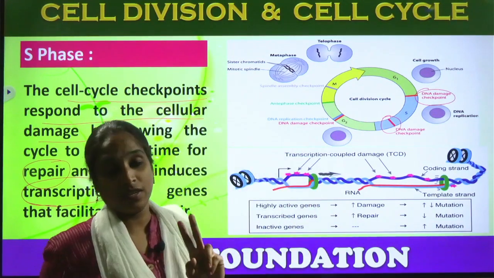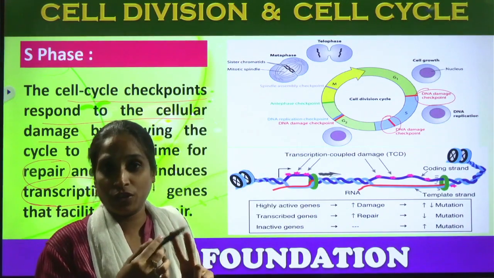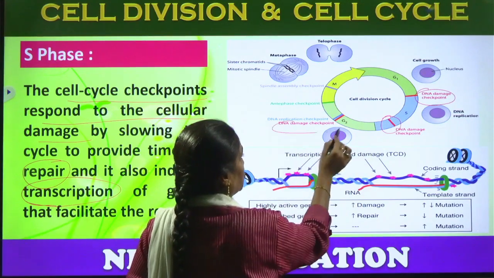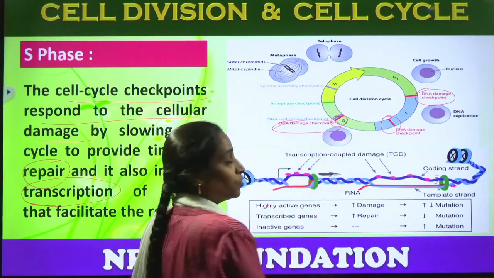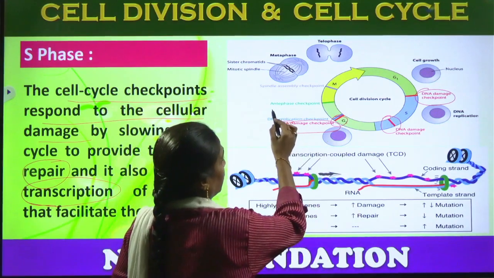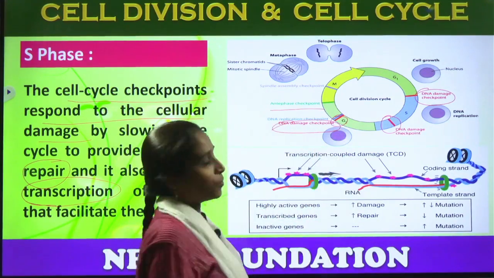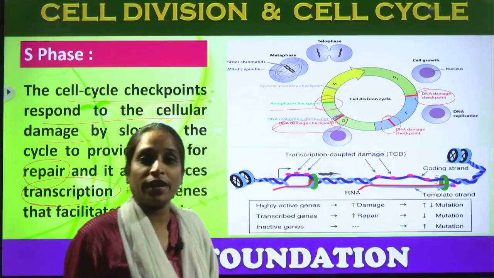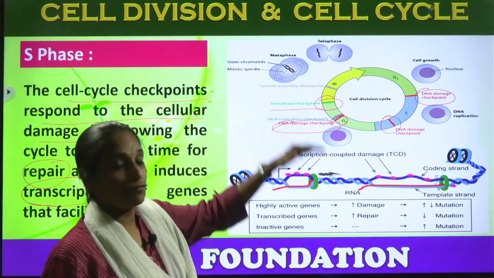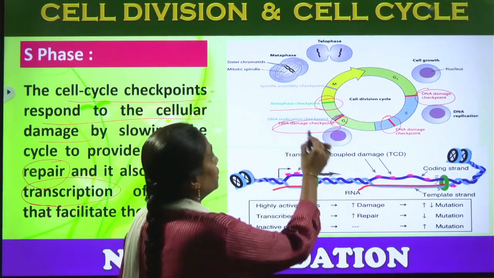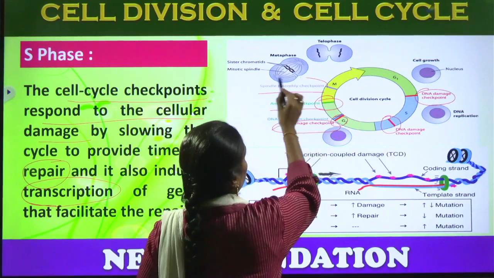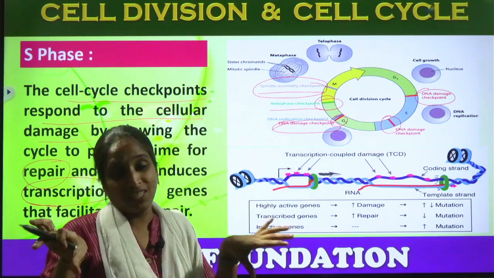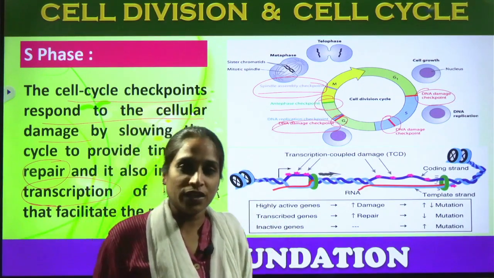Then the DNA will undergo the replication process, and after this the DNA damage checkpoint near the G2 phase and the anaphase checkpoint. The anaphase checkpoint confirms whether it has the capacity to undergo mitotic cell division, the final stage. And at the spindle assembly checkpoint, they check again whether the chromosomes are ready to divide equally with the help of the spindle fibers.